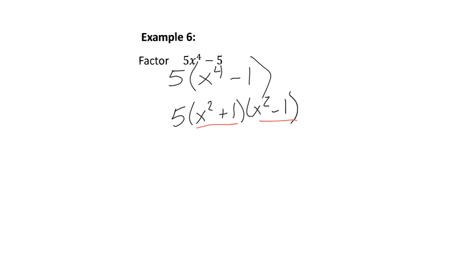But you're missing something. Look at this second one. This is x squared minus 1. That is the difference of two squares again. So I can simplify this even further. Okay, I can simplify this into x plus 1 and x minus 1.